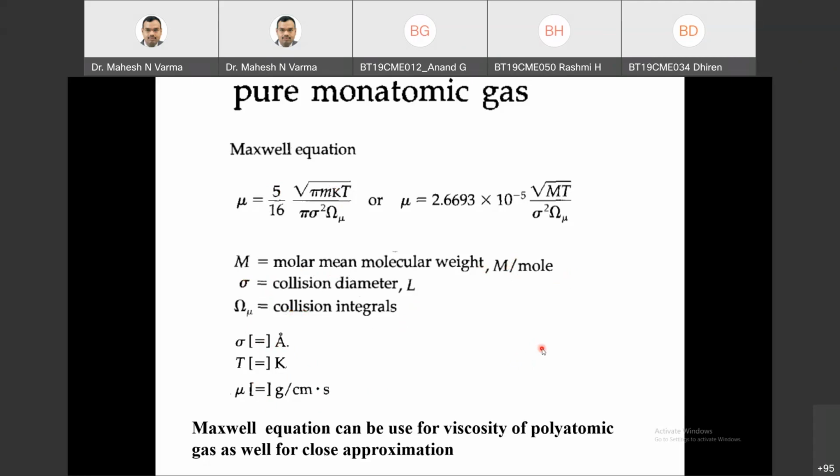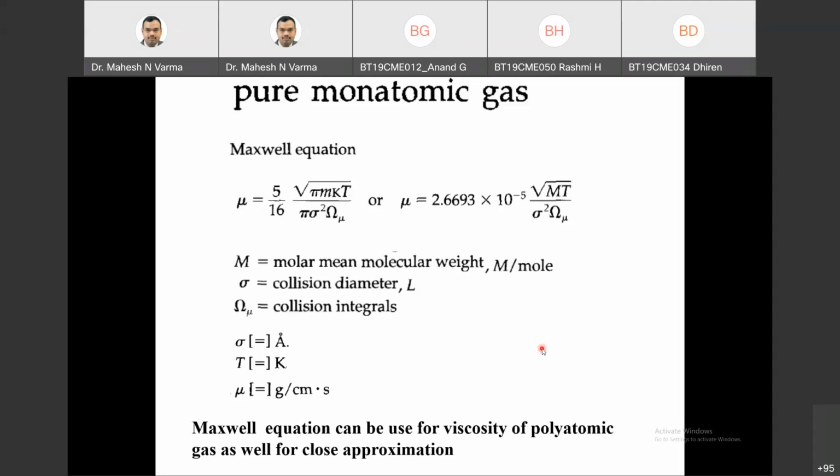The preliminary Maxwell equation is for low density gases, where they have neglected the interacting forces between two molecules or atoms. The advanced Maxwell equation is derived from statistical thermodynamics information.